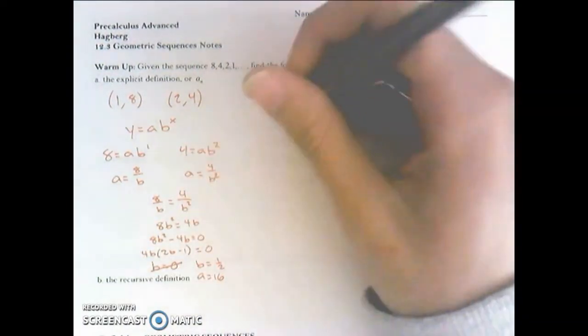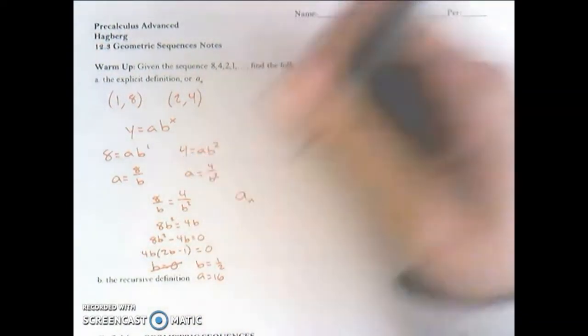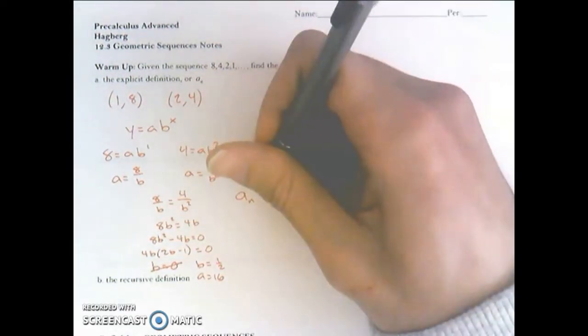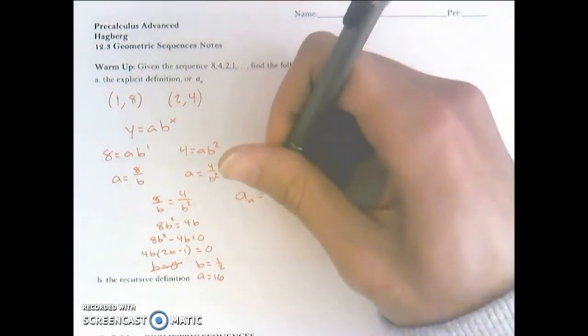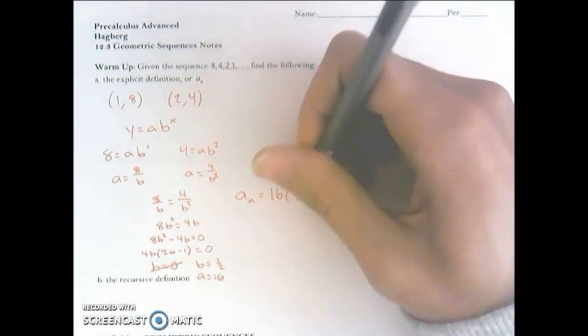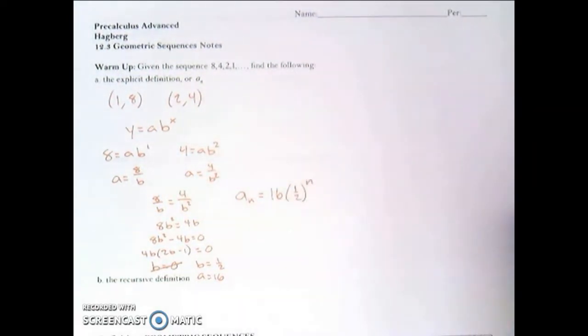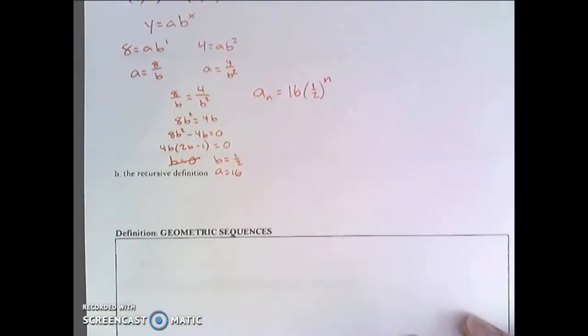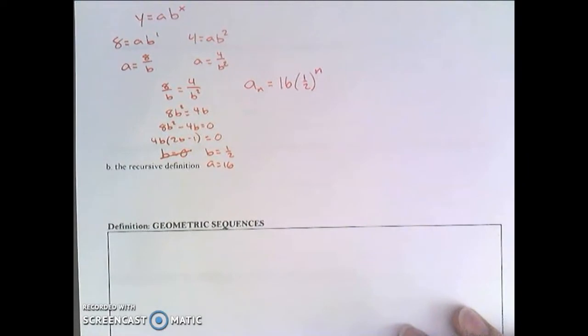So then we can say that the sequence is defined by a sub n equals 16 times 1/2 to the n. How can we find the recursive definition? So as a reminder, the recursive definition means that for any given term, it's determined by one or more of the previous terms.